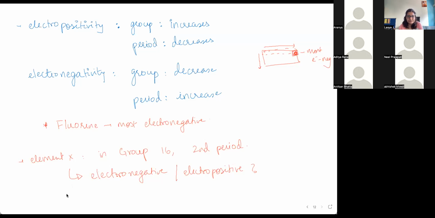The second part to this question has two subparts. What type of compound will it form with magnesium, and what type of compound will it form with nitrogen?